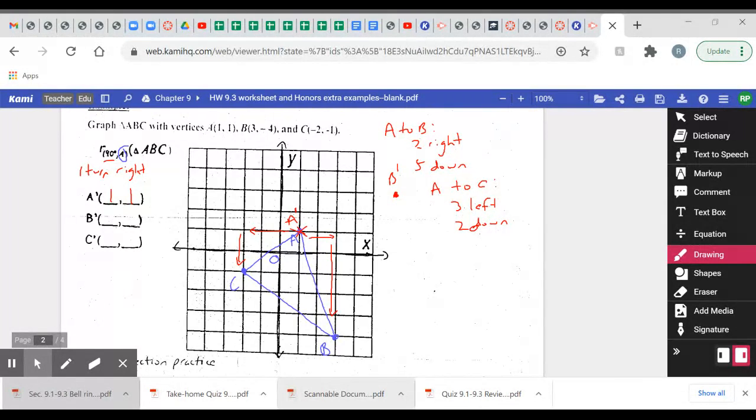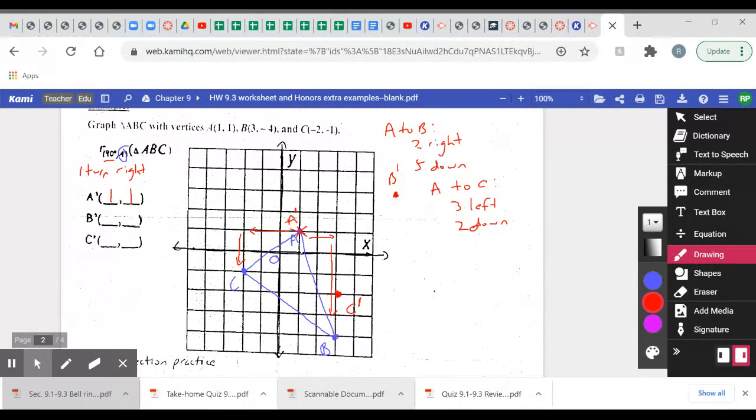Again, I want to turn my paper 1 turn to the right. It's still giving me a counterclockwise rotation, but I'm turning my paper 1 turn to the right. When I do that, I'm going to go 3 left and 2 down, not from the origin, but from point A. So 3 left and 2 down is going to give me a point over here, and that's my new C.